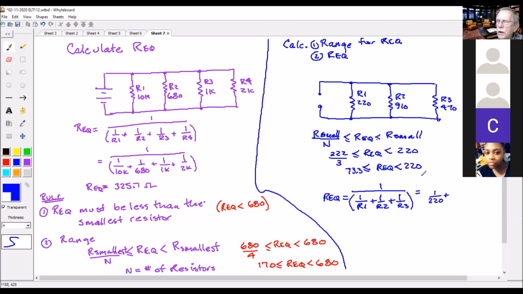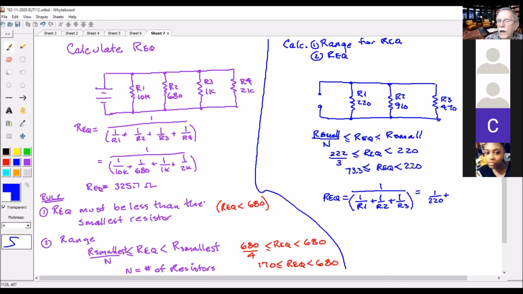Or if I calculated a number of, and here's where the problem we had over on the other side is probably where you'd see more of a problem, because guaranteed somebody is going to come up with an answer of like 0.4 ohms, because they enter 10 reciprocal, 680 reciprocal, 1 reciprocal, 2 reciprocal, and forget all about the Ks.